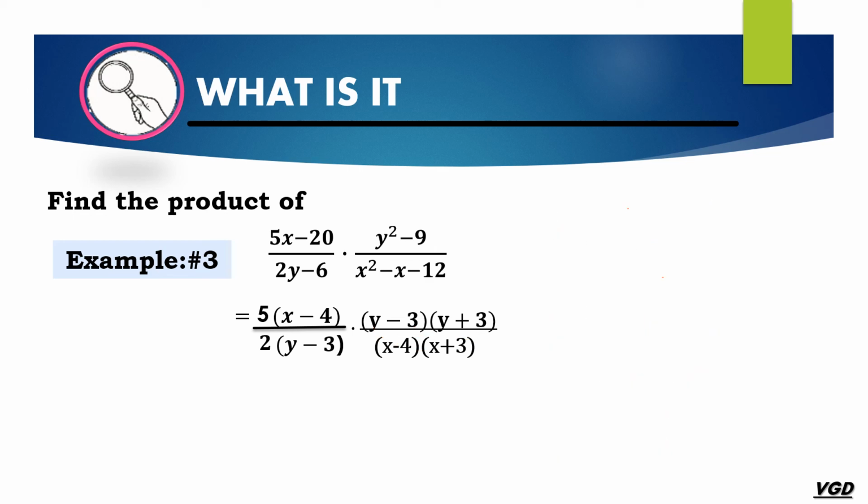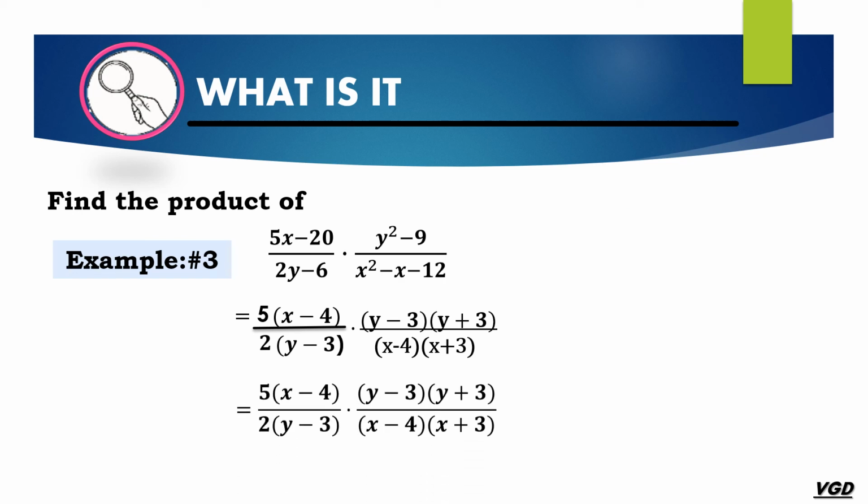Next, we already got the factors of each expression. So we just have to cancel out the common factors for both numerator and denominator. So we have here x minus 4 as the common factor, and we also have another one which is y minus 3.